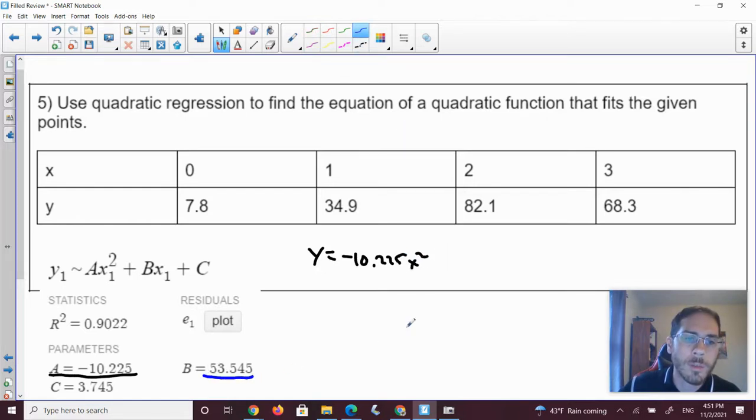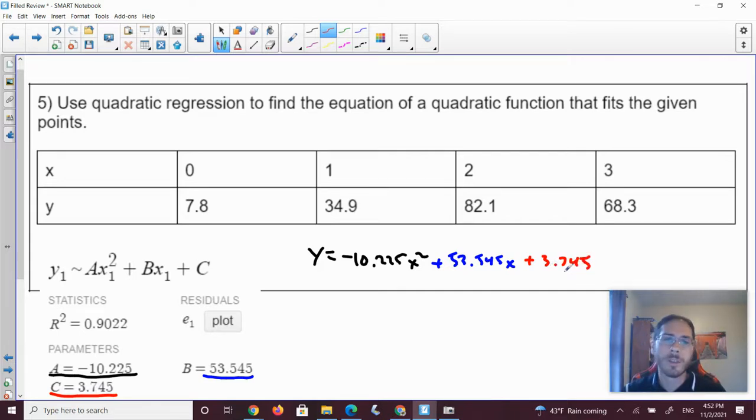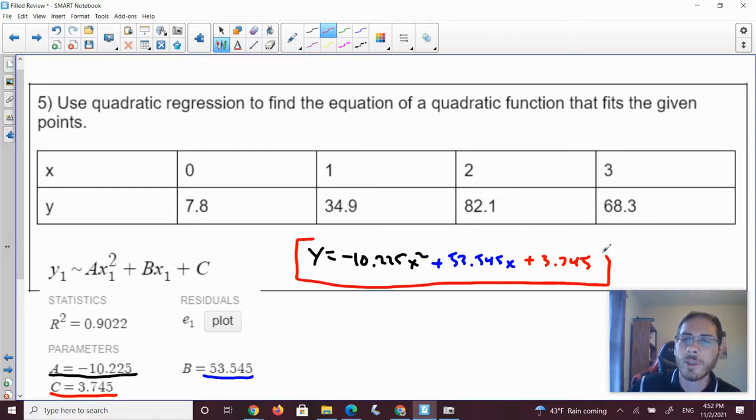B is 53.545. And then C is 3.745. So this is like the best guess. This is the curve that best fits those 4 dots that we've got. So when we want to model this, that's going to be our final answer. You just go ahead and say I'm done. And that's it.